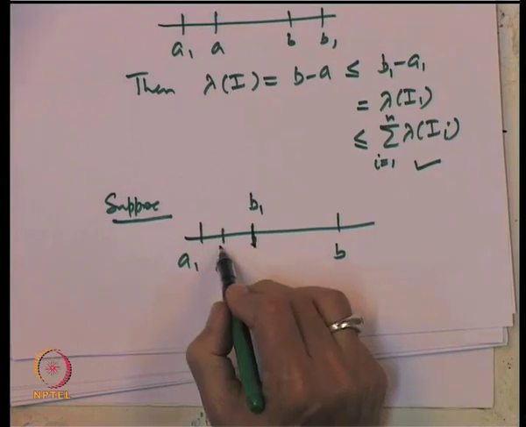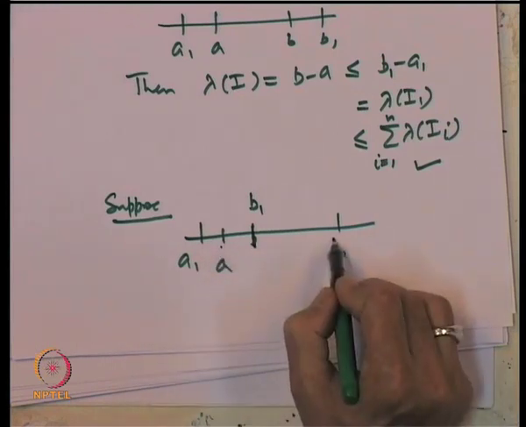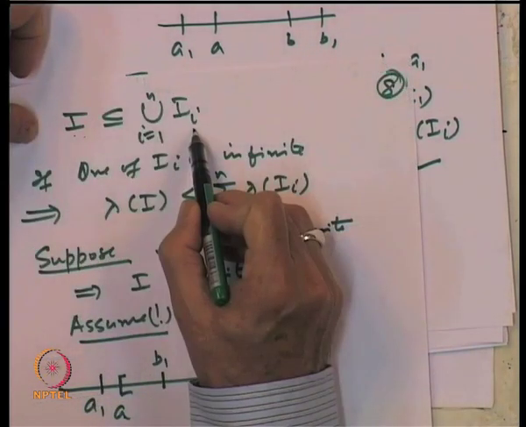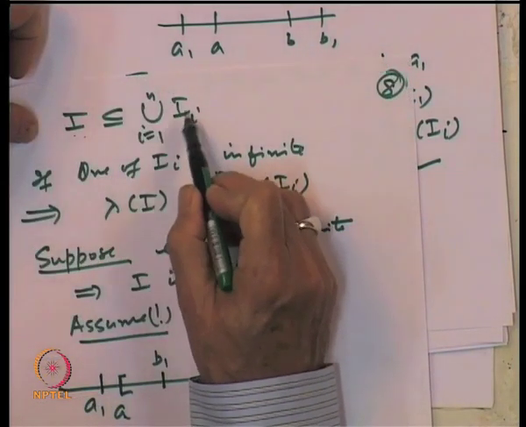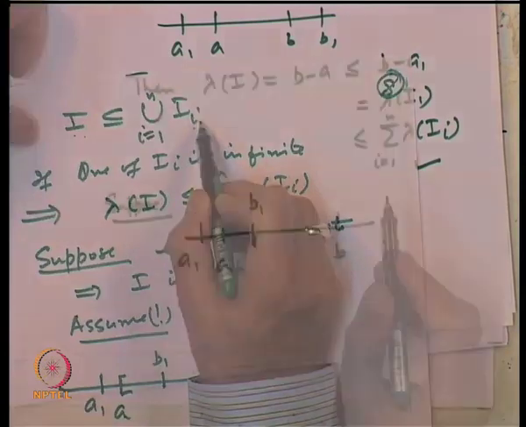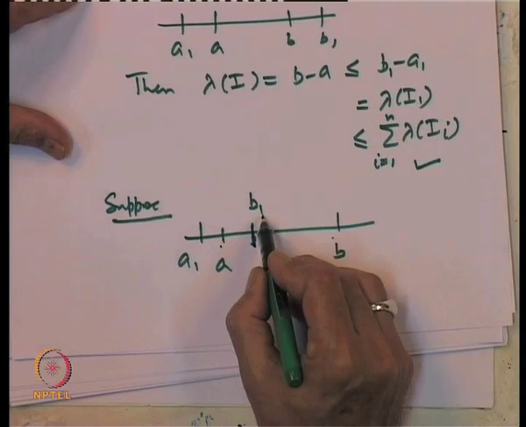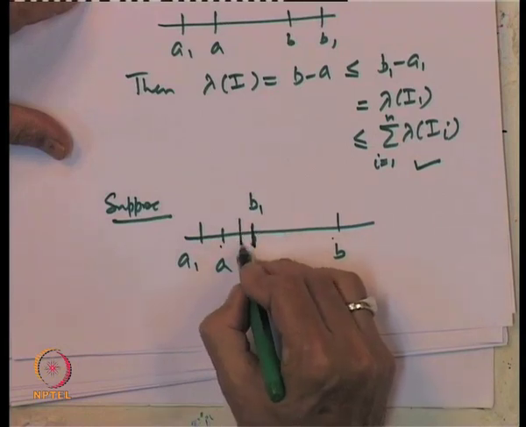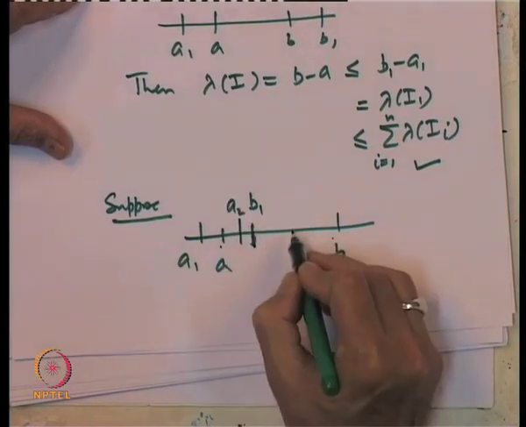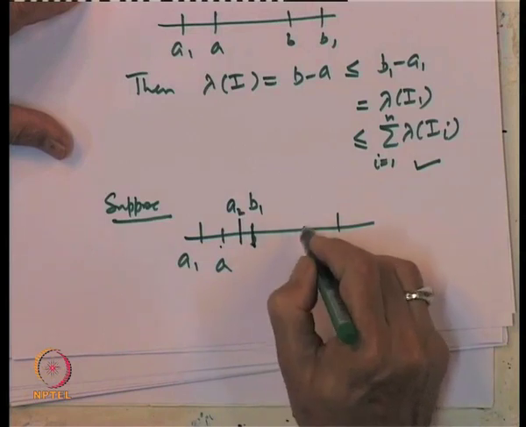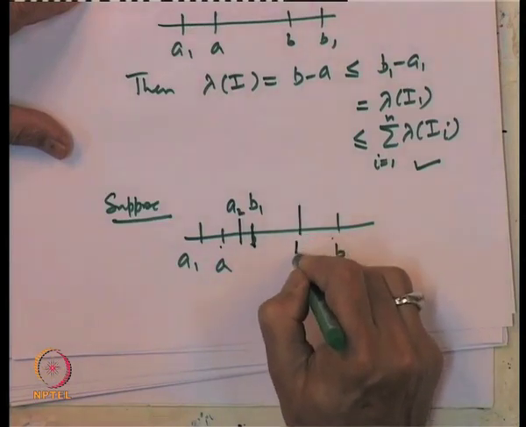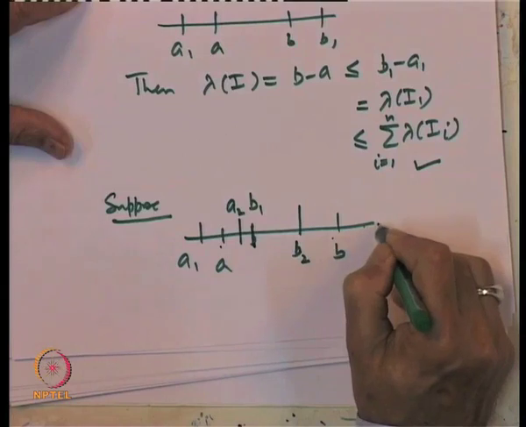So, b_1 is in the interval (a, b), so it will belong to that union. So, b_1 belongs to I, so it belongs to the union. So, it will belong to one of the intervals I_i. So, let us call that some interval I_2. So, b_1 belongs to I_2. So, that means a_2 must start here and b_2 either will be somewhere here or it will be on the right side.